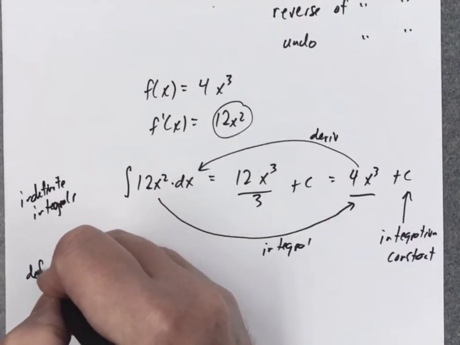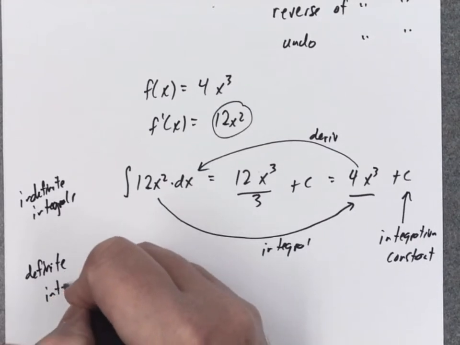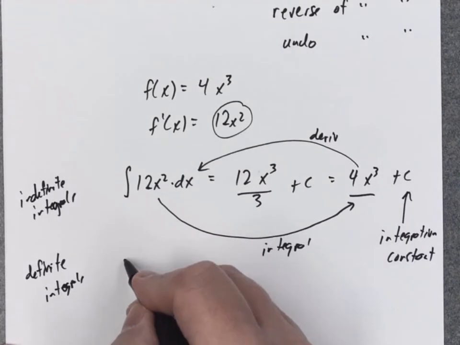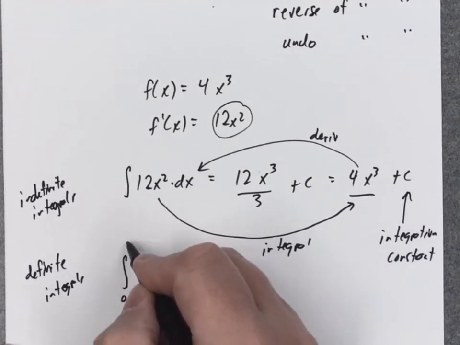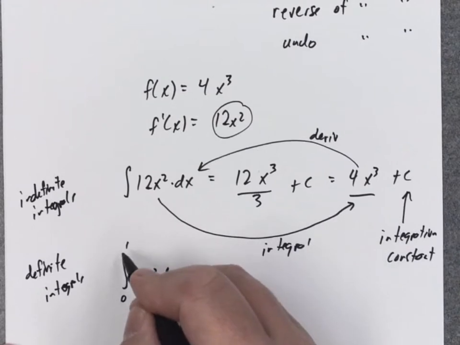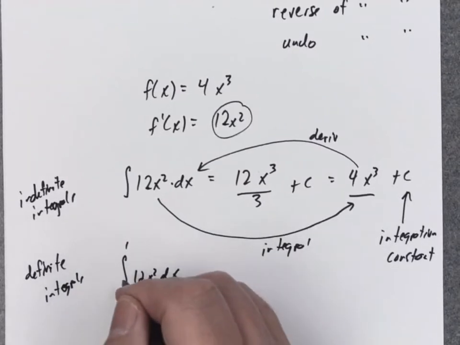In a couple sections, we're going to do definite integrals, and the only difference is, in a definite integral, you stick two numbers here, one at the bottom, one at the top. This is called a definite integral.